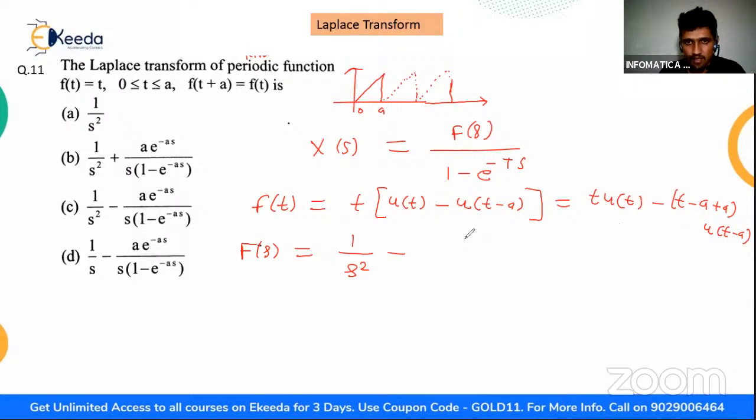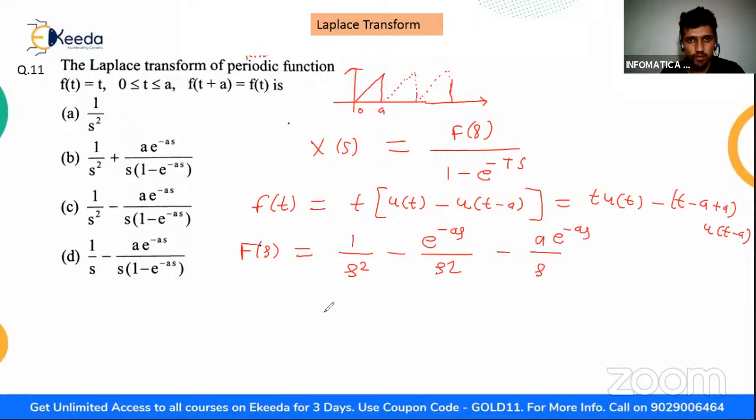So (t minus a) u(t minus a) will have Laplace transform e to the power minus as upon s squared. And the minus a u(t minus a) will have Laplace transform a upon s, and with shifting, e to the power minus as.